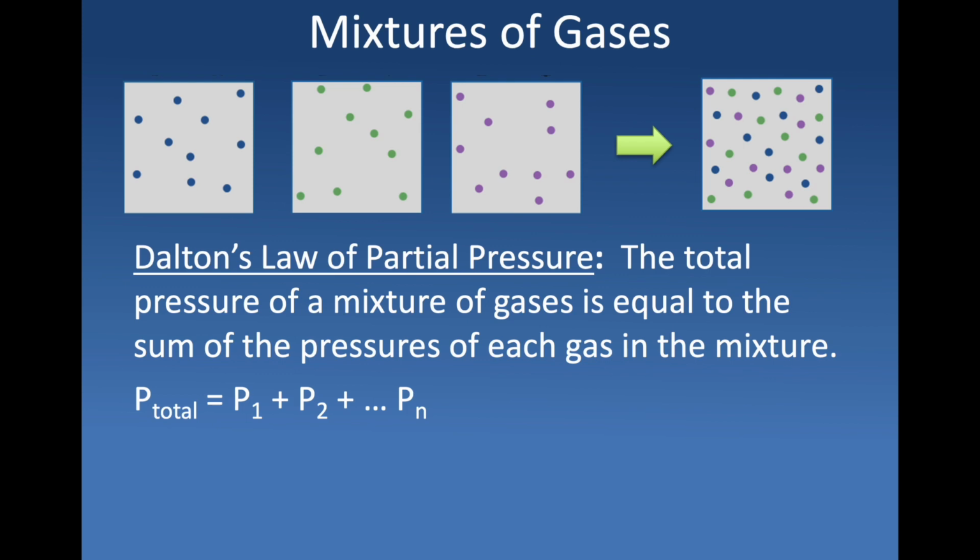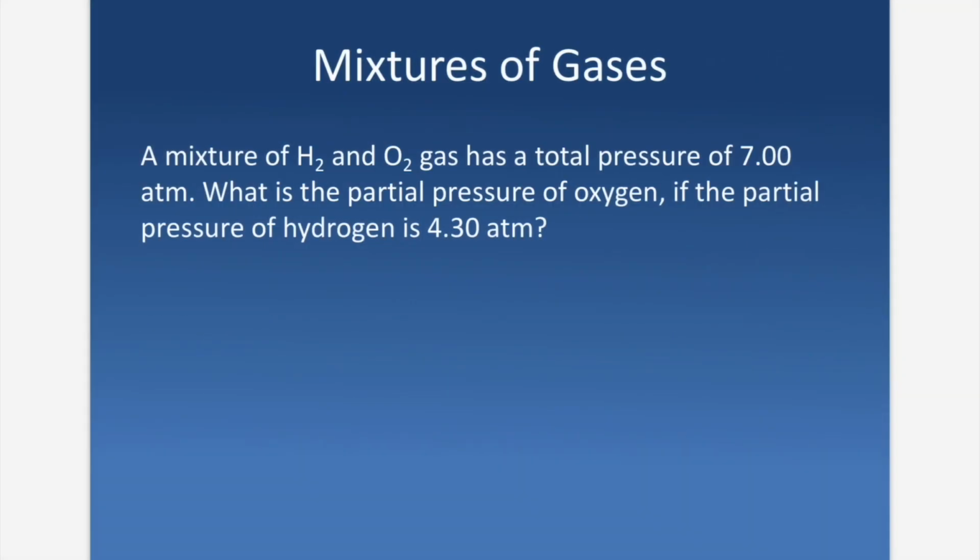Now let's work through an example problem of Dalton's law of partial pressure. This problem says a mixture of hydrogen and oxygen gas has a total pressure of 7.00 atmospheres. What is the partial pressure of oxygen if the partial pressure of hydrogen is 4.30 atmospheres?